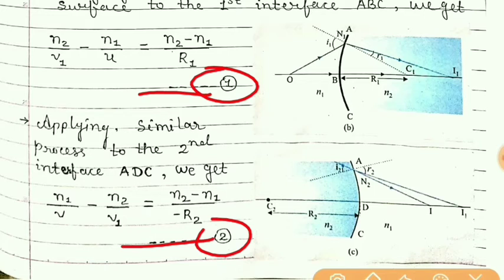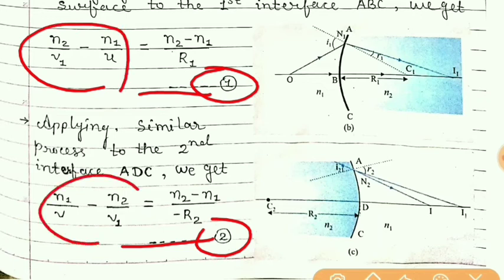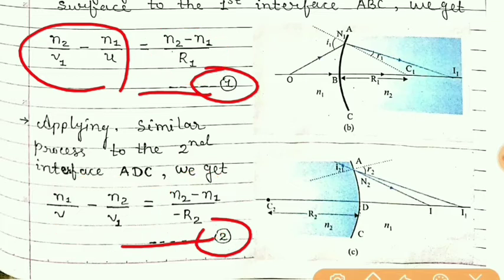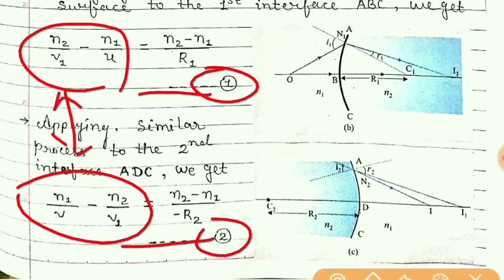Now if we add these two equations, adding left side and adding right side, you can see on the left sides, n2 upon V1 and here n2 upon V1 is minus.